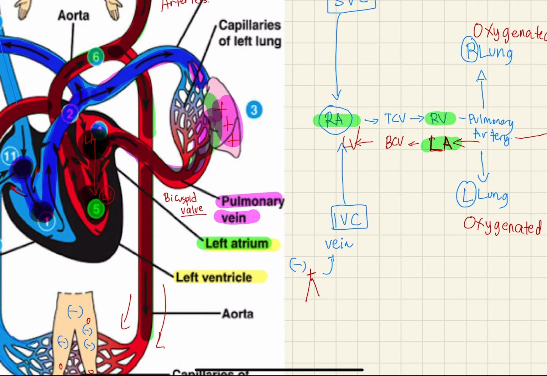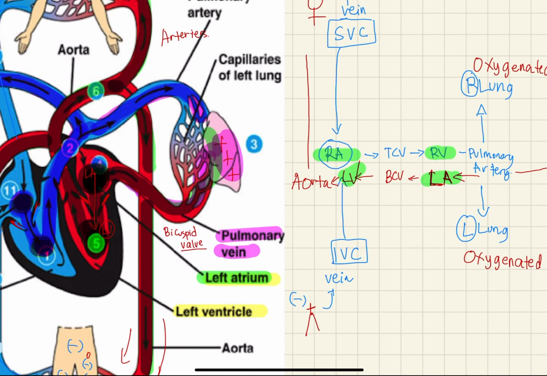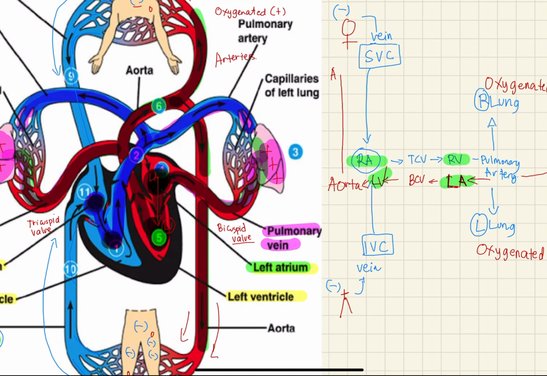Okay. So, pag nandun na po sila sa left ventricle, what will happen? Dadaan po ulit sila sa aorta. All the blood that are oxygenated will go to the aorta to be distributed to the different parts of the body. Okay. Okay, ang tawag natin dito naman, arteries.